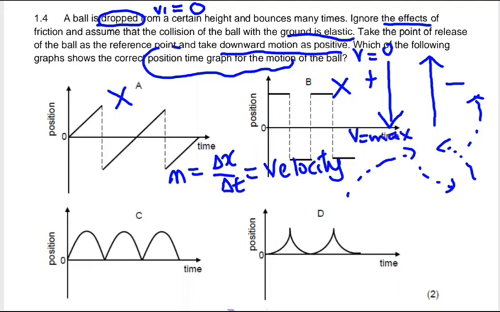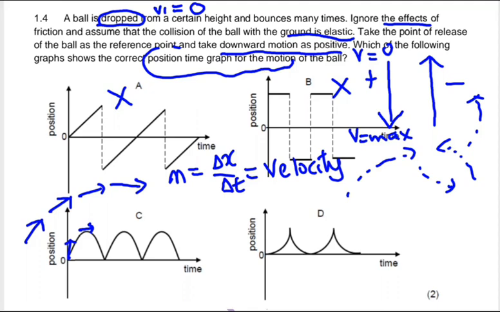If we look at C, C is showing us what is happening to the gradient of the graph. Initially the gradient starts off high, but then at some point it levels off. So it's telling us that the ball is starting from a high velocity and slowing down. This is not consistent with the idea of dropping a ball.